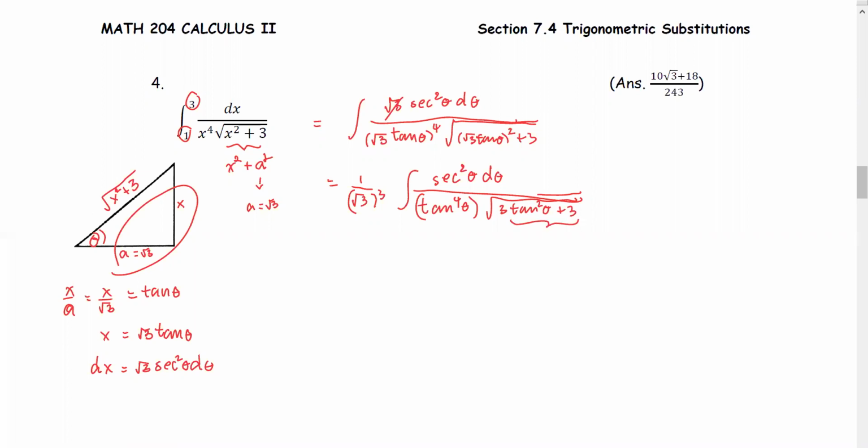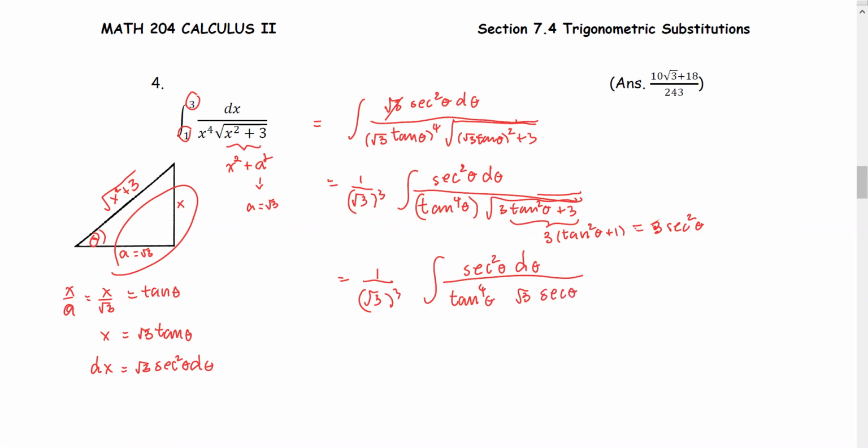For the radicand, or the terms under the square root, we have the common factor 3 multiplied by the tangent squared theta plus 1. And the tangent squared theta plus 1 is the same as the secant squared theta. Simplify the denominator. The radical of 3 secant squared theta will give you square root 3 multiplied by the secant theta.